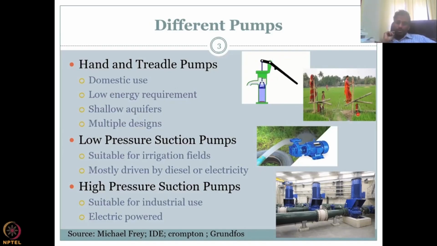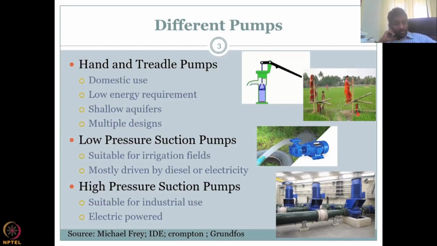Okay. Moving on, the next set of pumps we'll be looking at is low pressure suction pumps. These are the ones used in shallow aquifer irrigation fields. They are suitable for irrigation fields, groundwater for agriculture, and are mostly for shallow to slightly deeper borewell configurations.